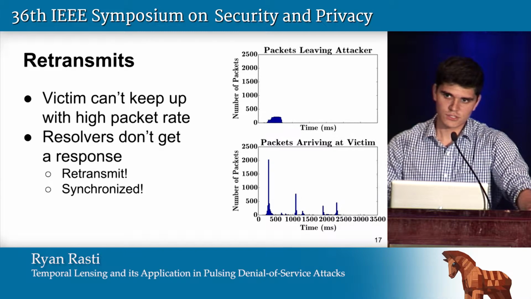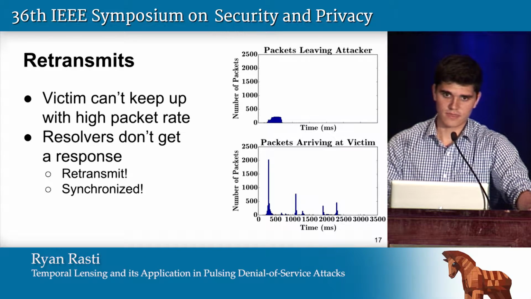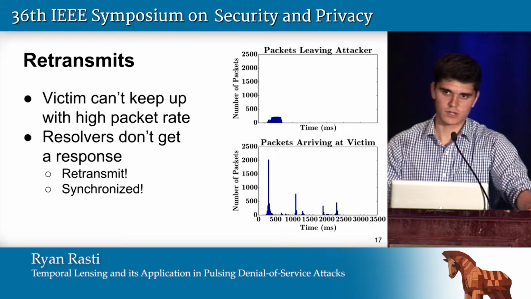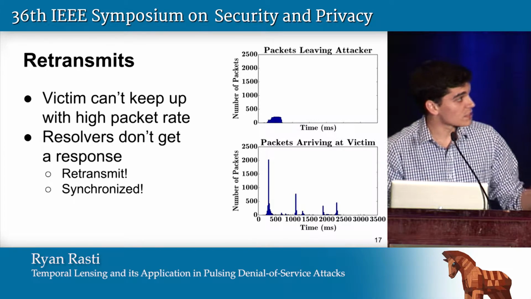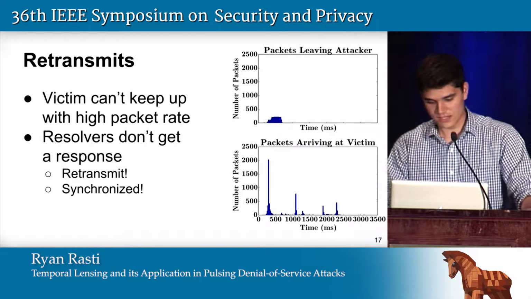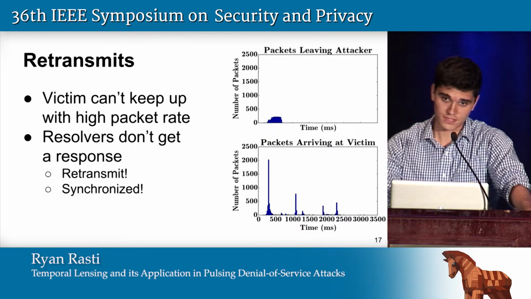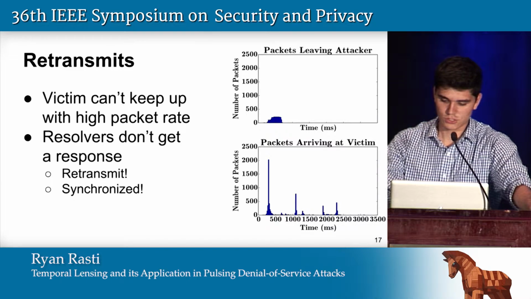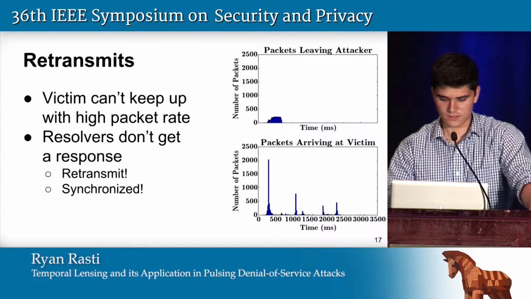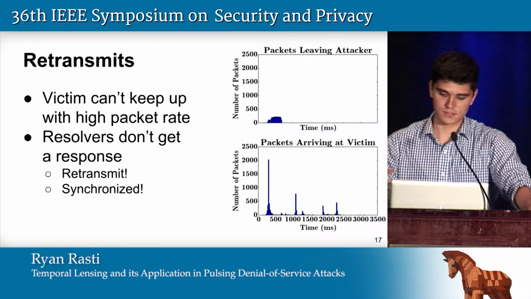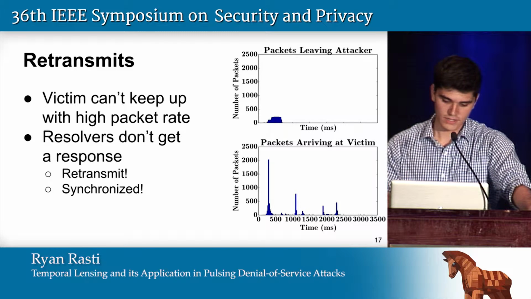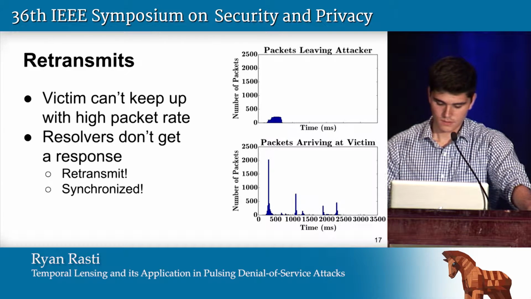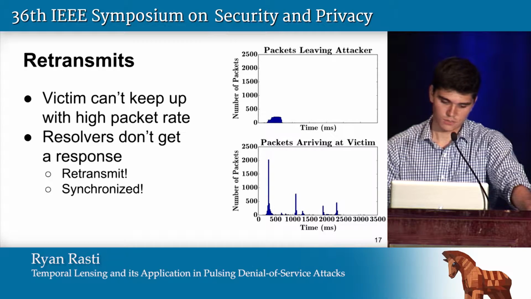Some of the resolvers will time out and then resend. That's what you see in the bottom graph, these auxiliary spikes: the resolvers time out and then resend. Because their timeouts are usually around 0.8 and 2 seconds here, you'll see these spikes at 0.8 and 2 seconds after the original pulse.